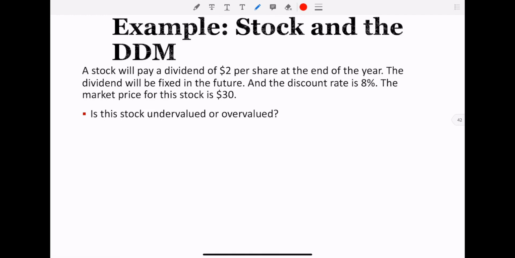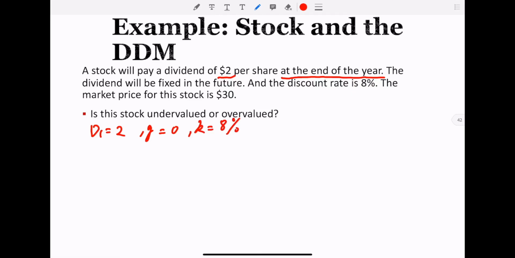So we have a dividend of 2, which will happen at the end of the year. This implies D1 equals 2. The dividend will be fixed in the future, which implies G is 0, right? Because dividend is fixed, there is no growth. And discount rate is 8%. Okay, great. We have all our 3 inputs here.